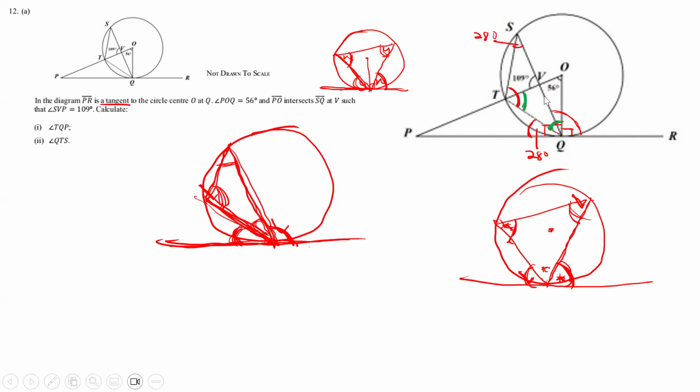And once you know this angle, you know the small angle here. You also know this angle, angles on a straight line. Vertically opposite angles will also be equal. And once you know this angle, you know the small angle here as well. So you just play with it.